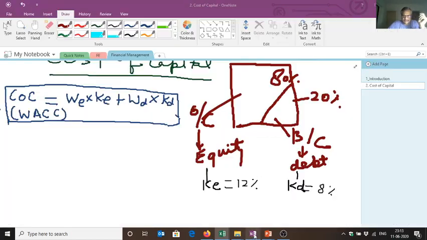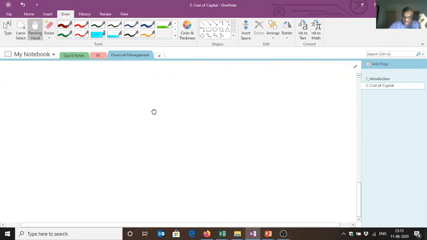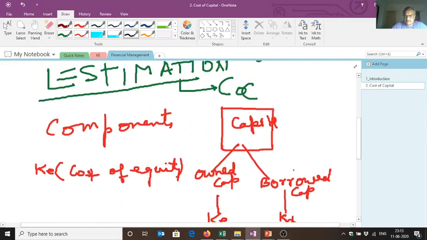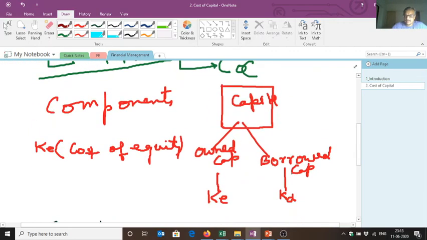I can elaborate this concept by two more things. This formula still needs some modification. When I talk about capital, then capital may be comprised of not two, if you remember. I said it is comprised of only two, owned capital and borrowed capital.